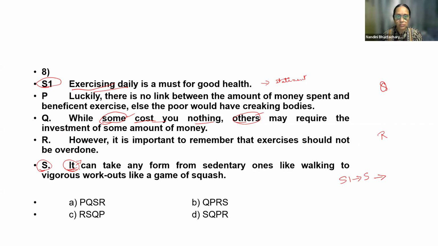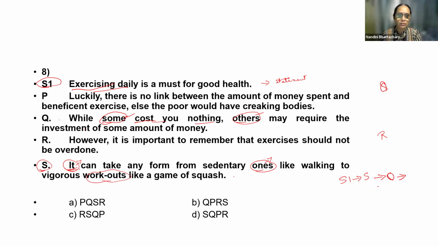It can take any form from sedentary ones, like walking to vigorous workouts, like a game of squash. So from these ones, we can come to some cost nothing, others may require investment. So walking costs nothing, game of squash and vigorous workouts may cost something. So we can say Q comes after S.